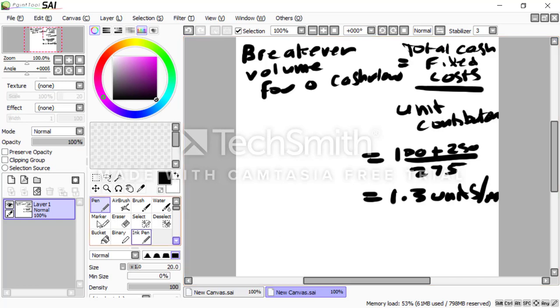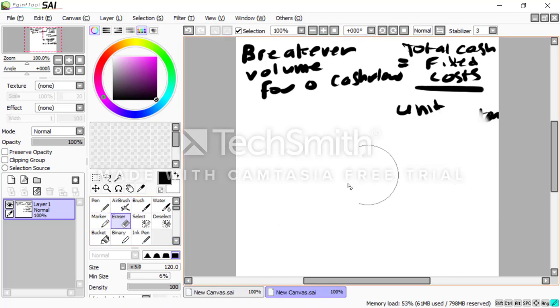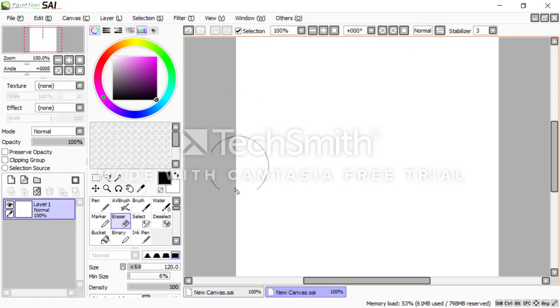Okay, so now moving on to the next equation that I have here. This one is going to be target volume for target profit.